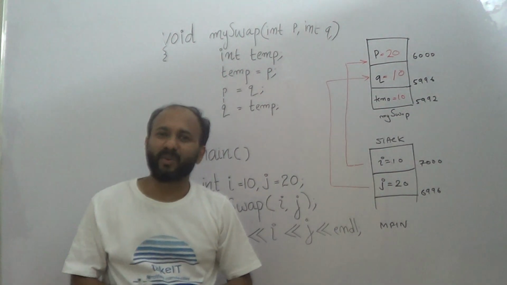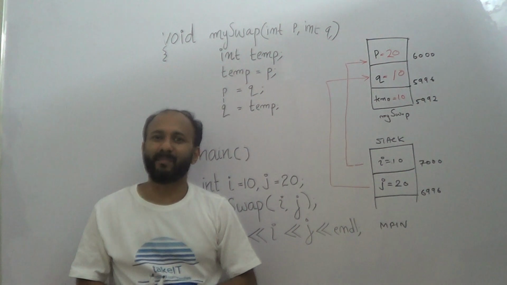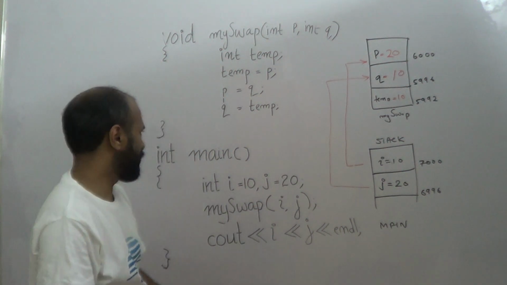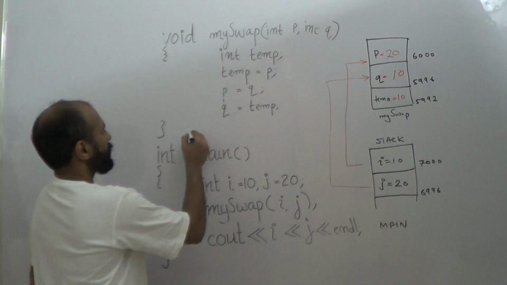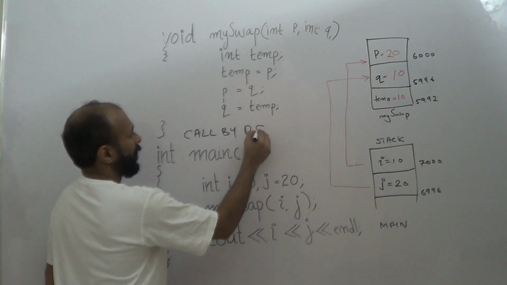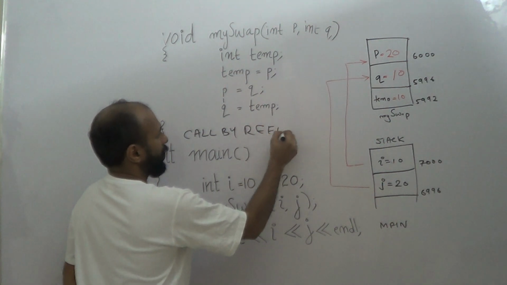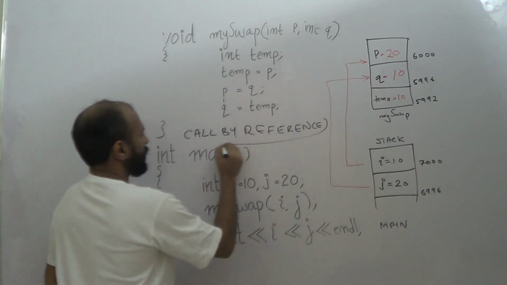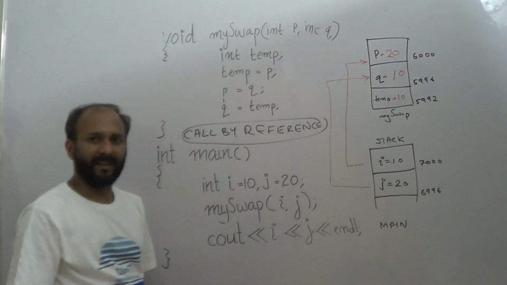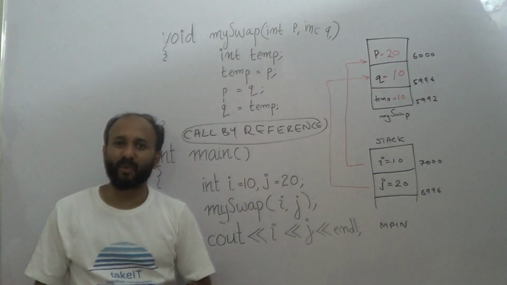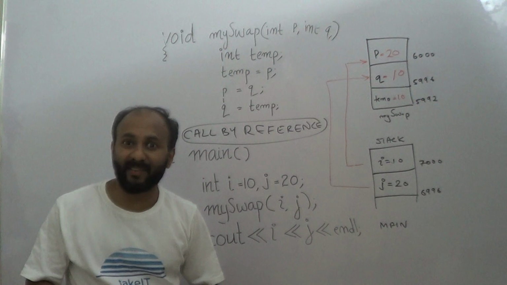So we have to go with another argument passing mechanism, and that mechanism is call by reference. There are two types of call by reference available. The first one is call by reference with the help of a pointer variable.